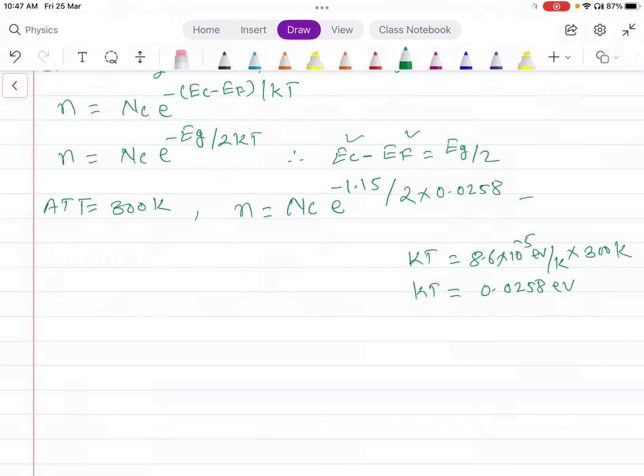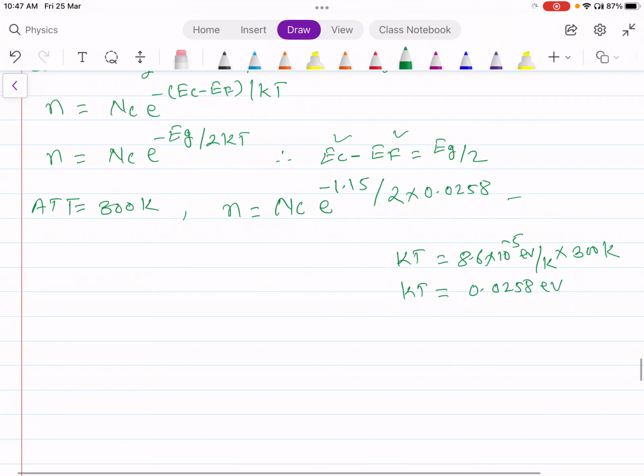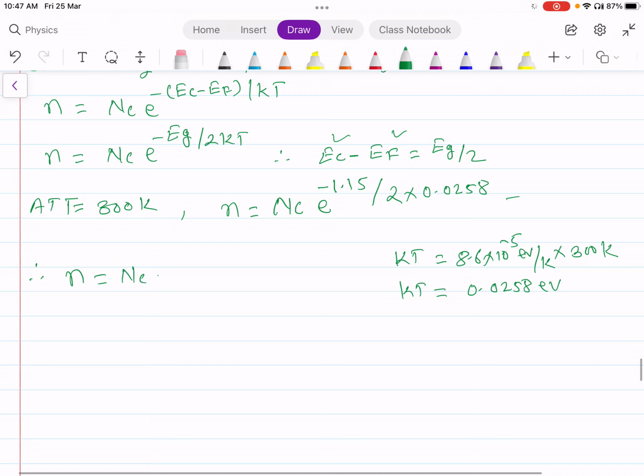Let us simplify this further. Therefore, N equals Nc into e raised to minus 22.287. If you simplify this, you get minus of 22.287.